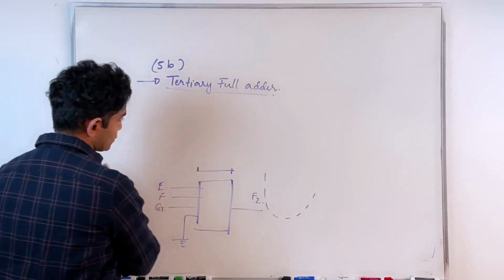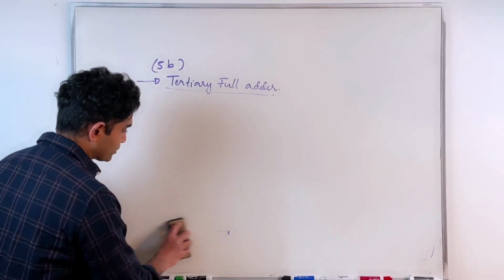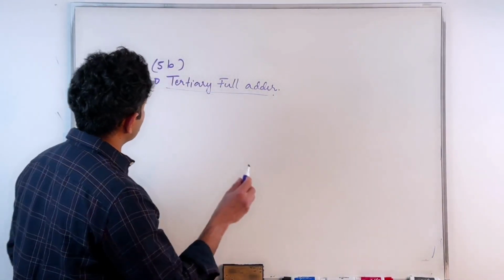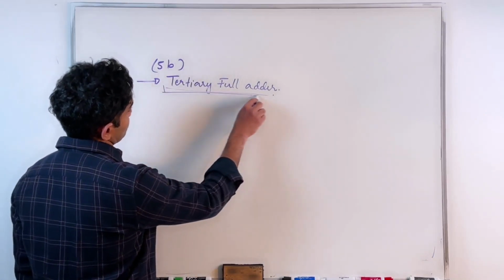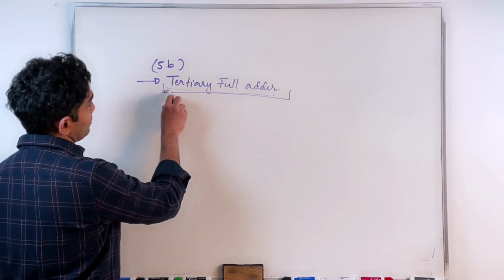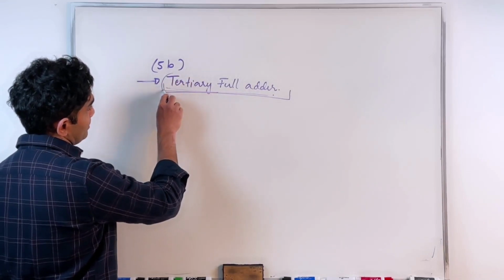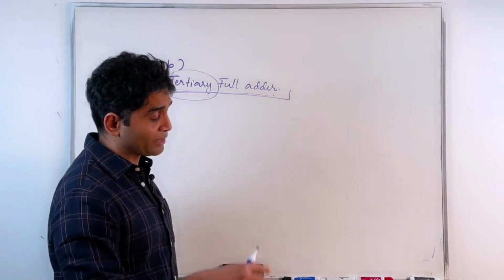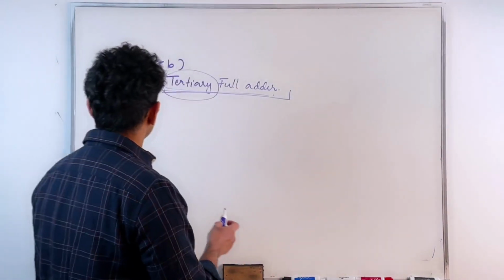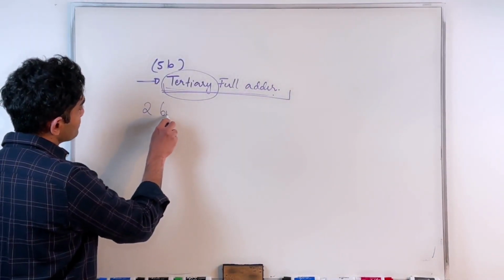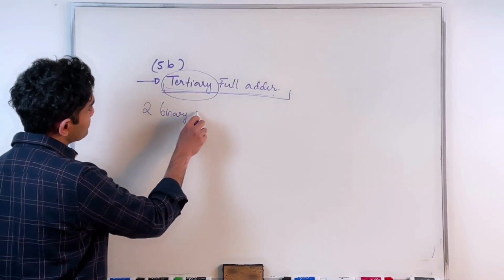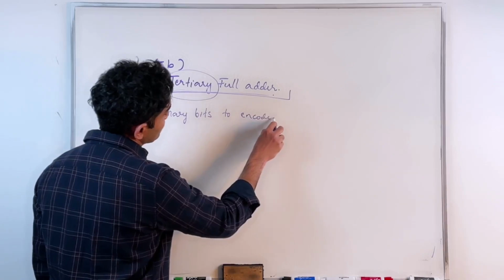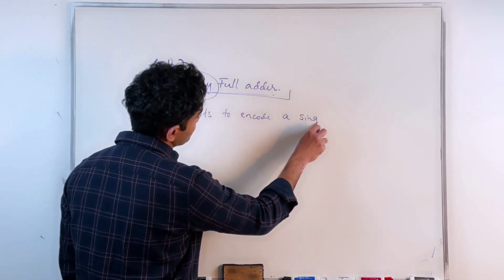Now going back to the tertiary adder, I'm not going to give you the entire solution. I'm just going to get you started on this. Okay. Now again, what is the tertiary? Since you've already done it, I can define my binary coded tertiary number using 2 binary bits to encode a single tertiary digit.